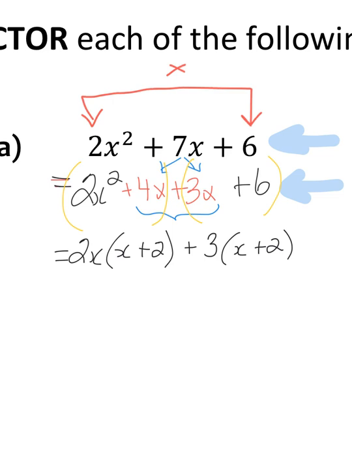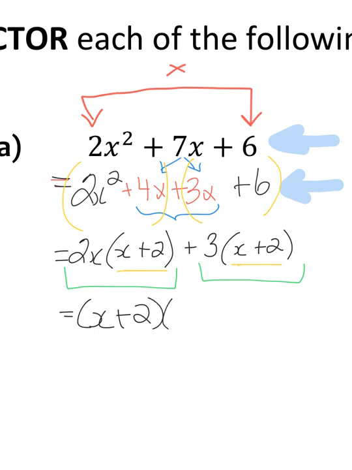So we did some factoring a little bit like this at the very beginning when we did common factoring. I have 2 terms here, and what's common in each of the terms? The bracket. So I'm going to take that bracket right out front, and I'm going to put my leftovers, the 2x and the 3, in the back. Okay, so that should look really familiar. That's nice and colorful.